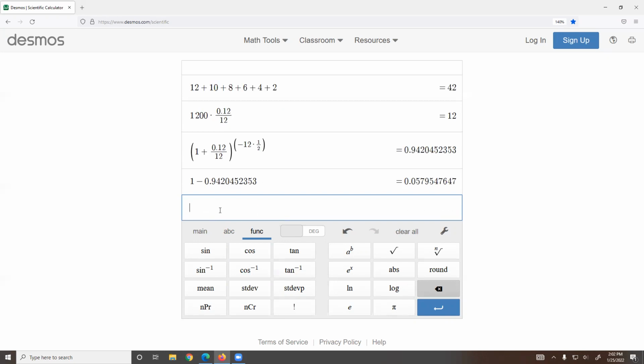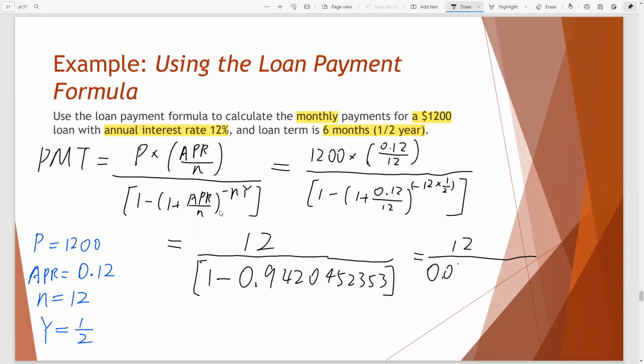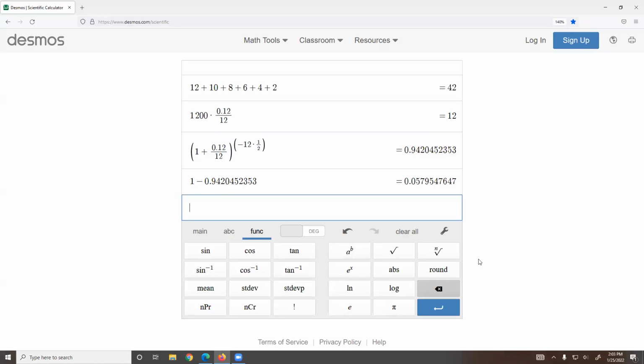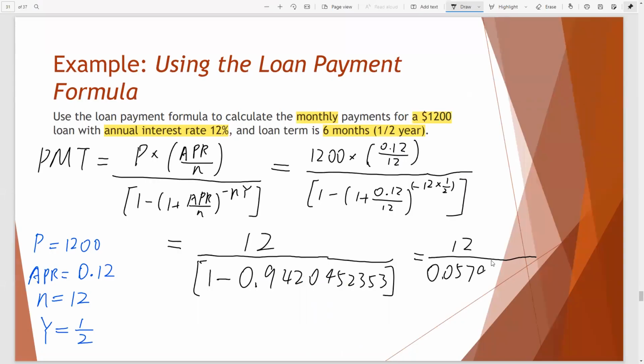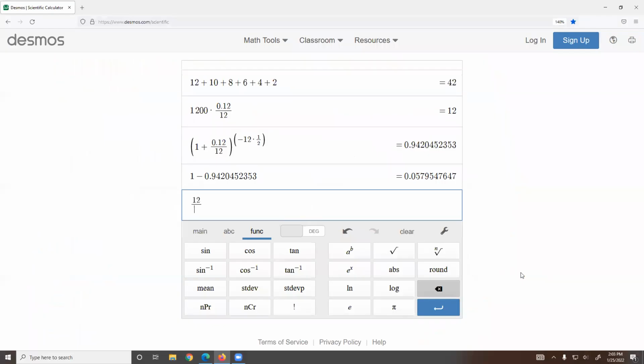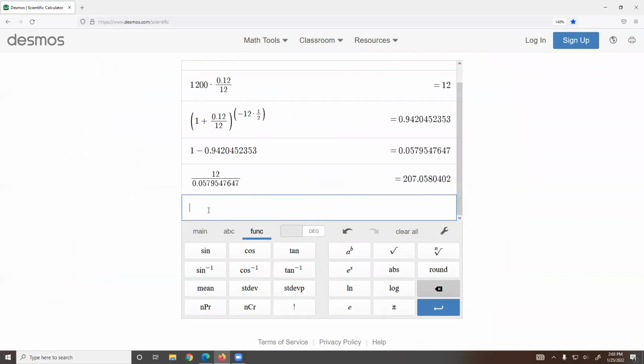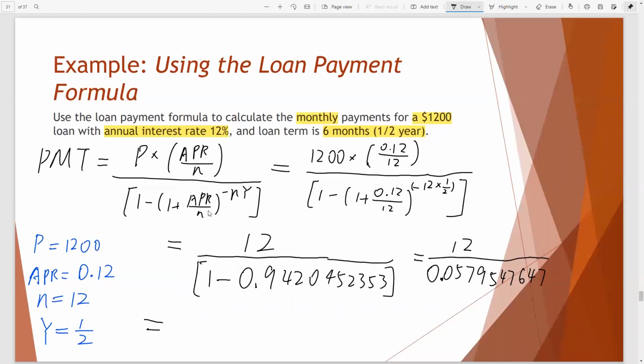So we get 0.0579547647. Then at the end we just have the quotient: 12 divided by this whole thing. And that's 207.058.